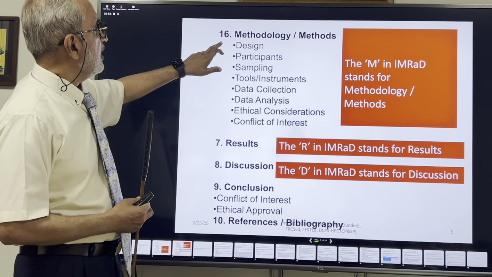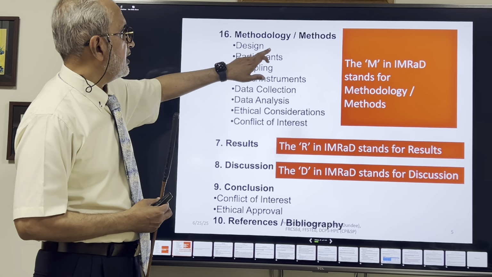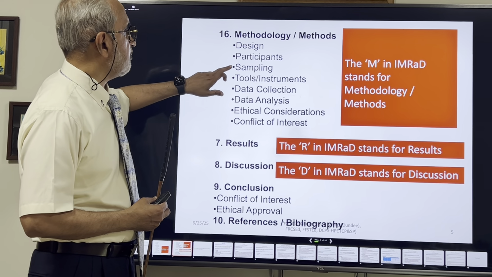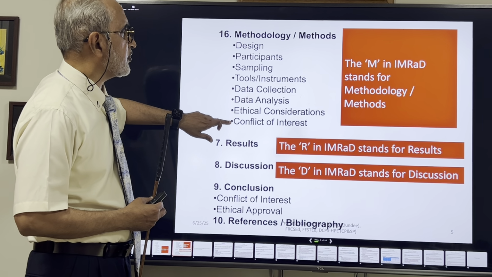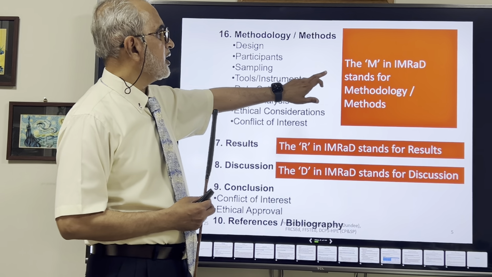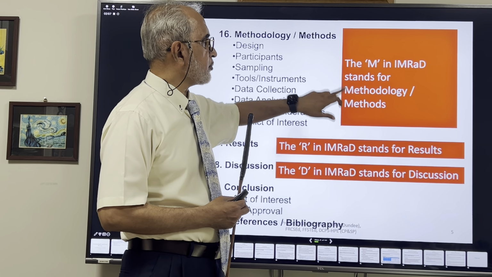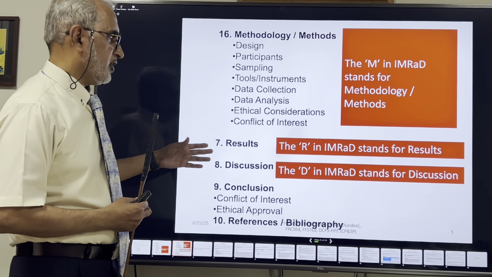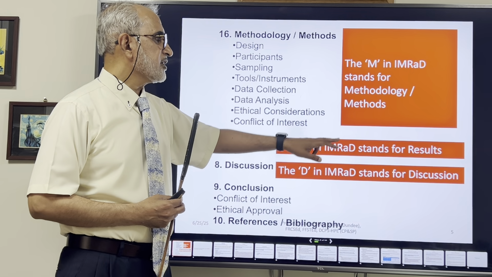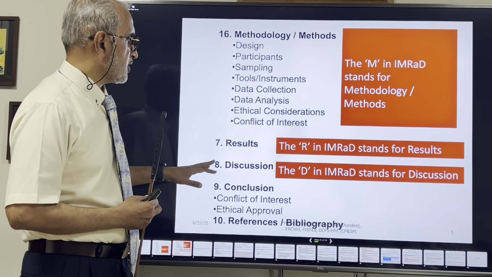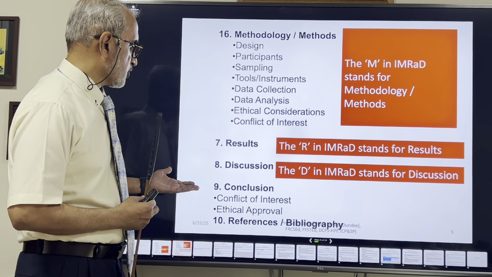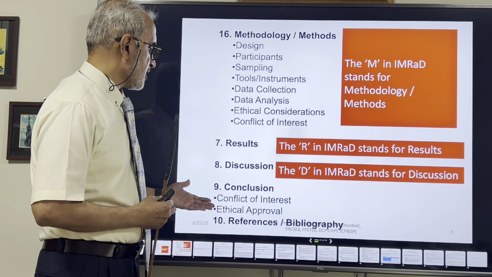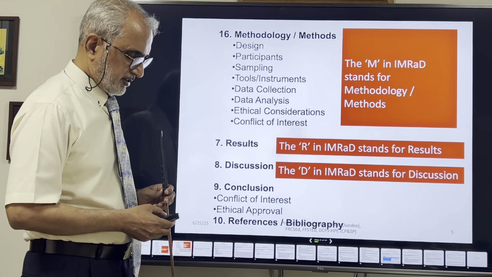Then we have methodology or methods, having design, participants, sampling, tools, data collection, data analysis, ethical concern, conflict of interest. This all is included in the M in IMRAT, which stands for methodology. Then results, the R in IMRAT, and discussion, the D in IMRAT. And then there is conclusion, also conflict of interest, ethical approval, and references.